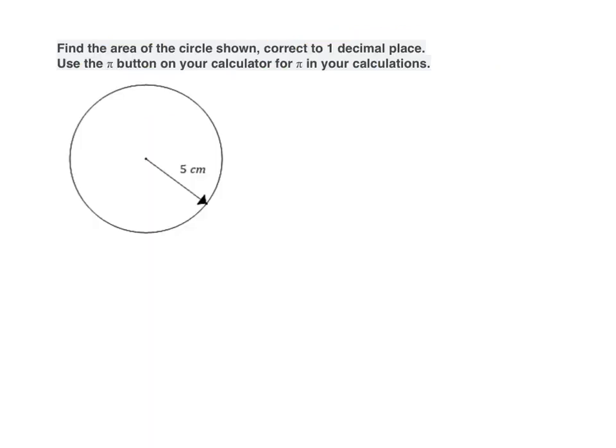Okay, so when we look at this problem, again, we're trying to find the area. If I'm trying to find the area of the circle, they want me to correct it to 1 decimal place, and they want me to use pi in my calculations. Okay, so we said that the area of a circle equals pi times r times r.